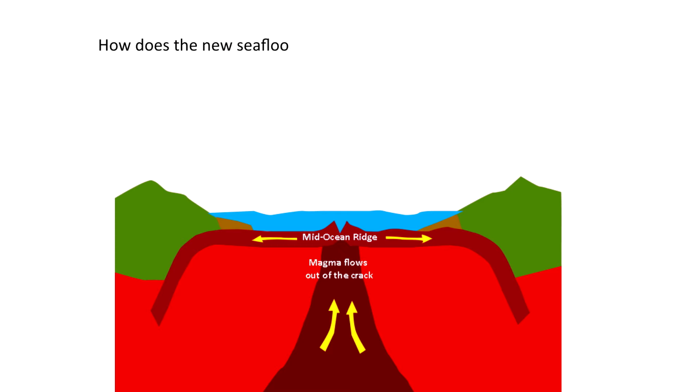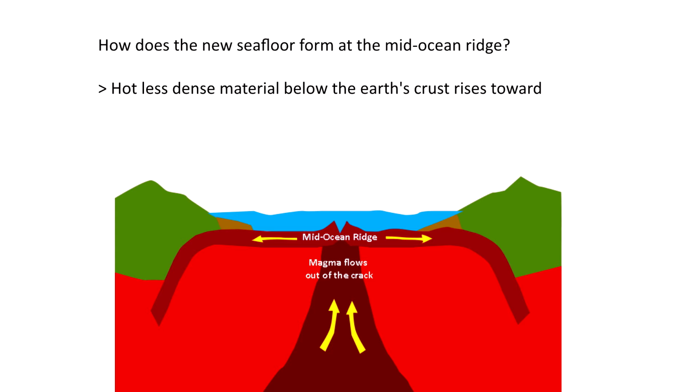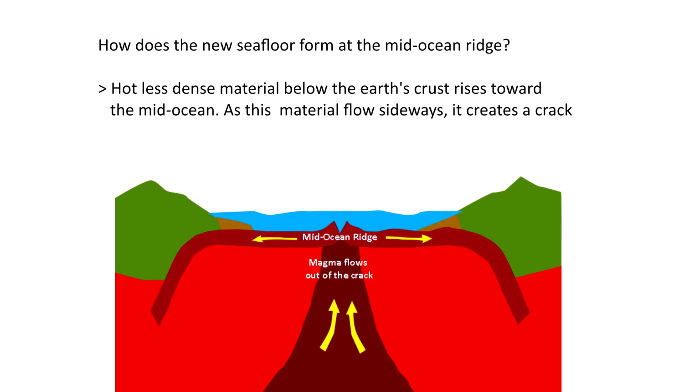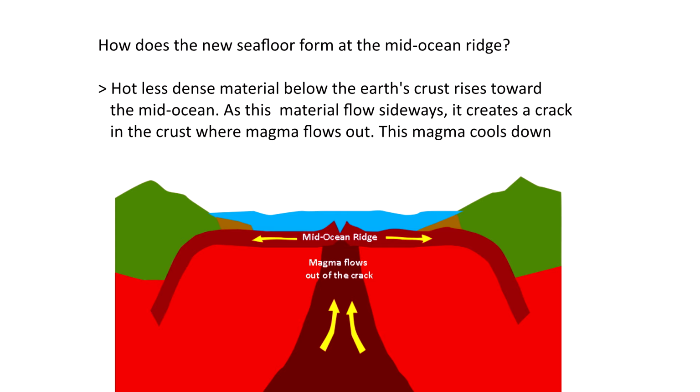How does the new seafloor form at the mid-ocean ridge? Hot, less dense material below the Earth's crust rises towards the mid-ocean ridge. As this material flows sideways, it creates a crack in the crust where magma will flow out. This magma cools down and becomes the new seafloor.